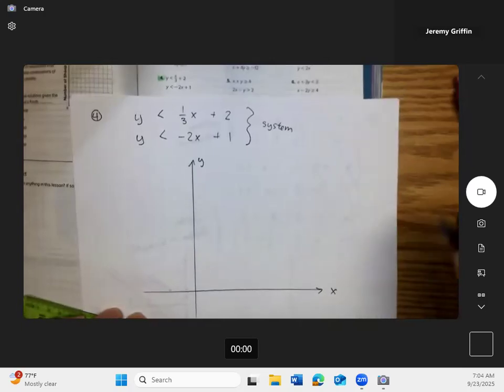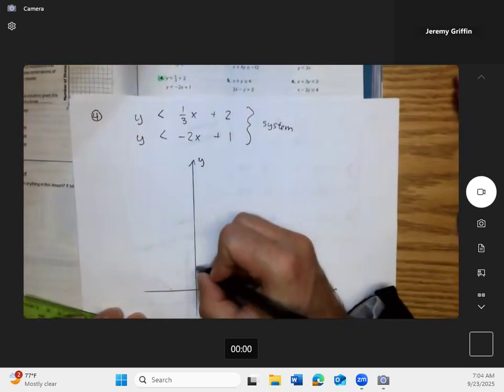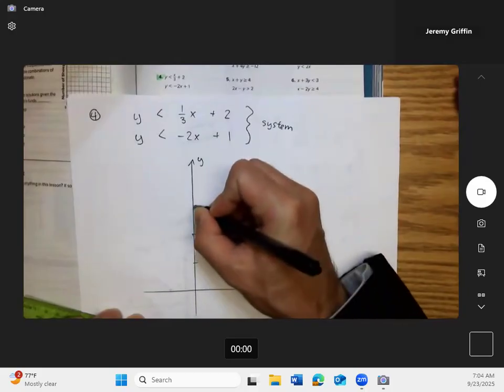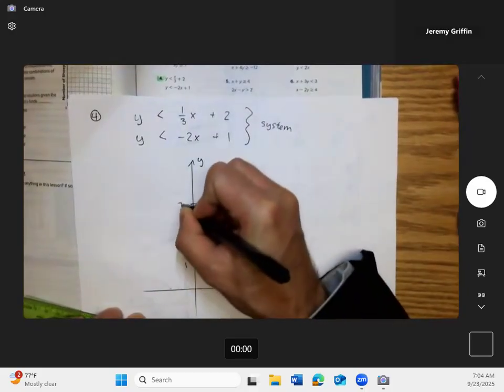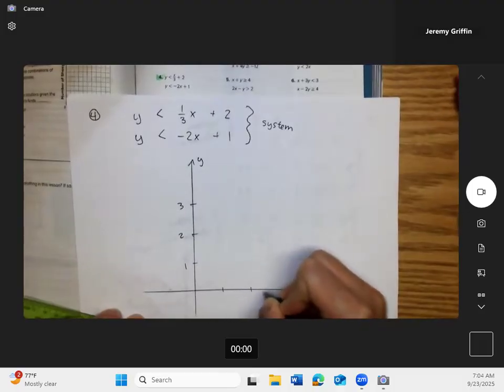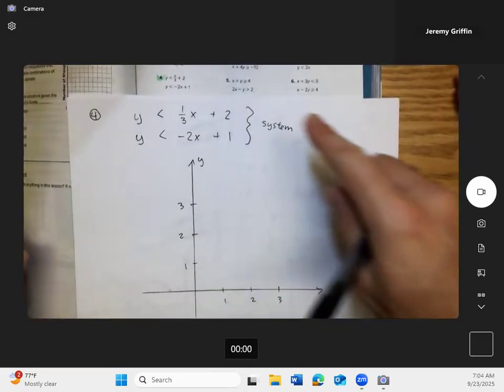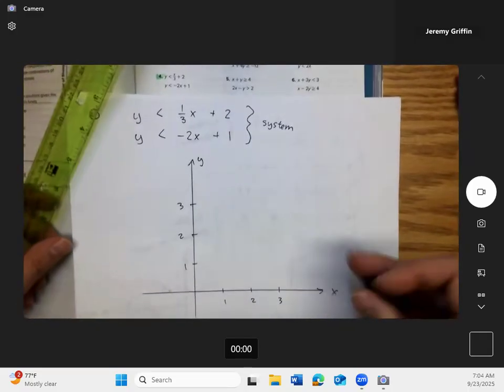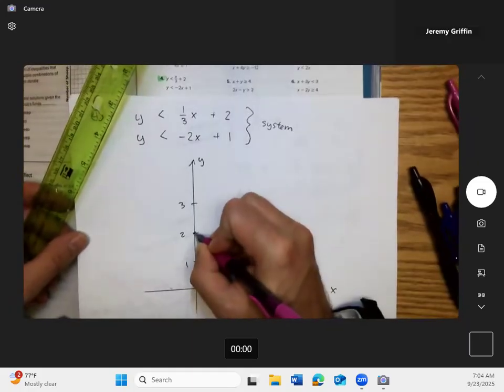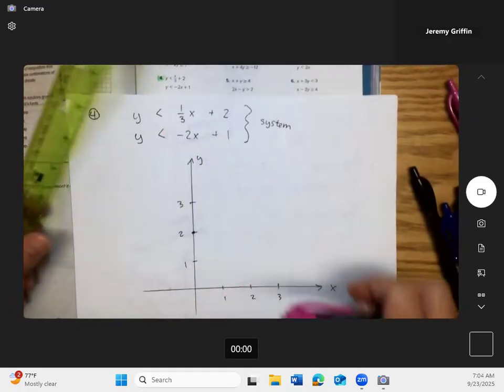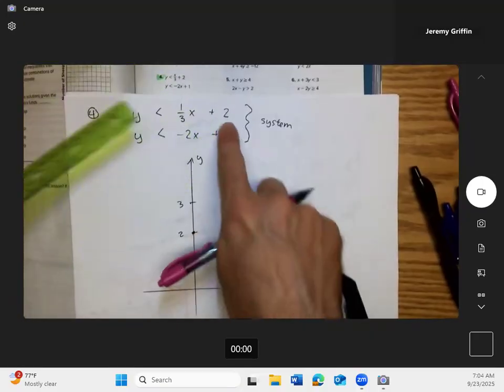All right, so let's go 1, 2, 3. Let's go 1, 2, 3. All right, let's see how this plays out. So 1/3 x plus 2. Oh, okay. Well, it's all right. I'll make this work. Okay, so I'm at that plus 2 right here.